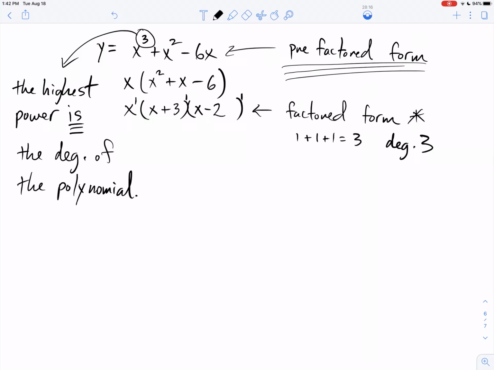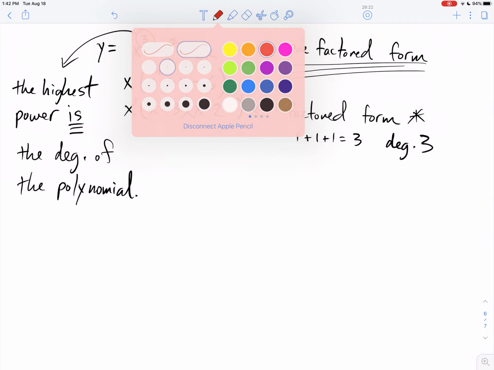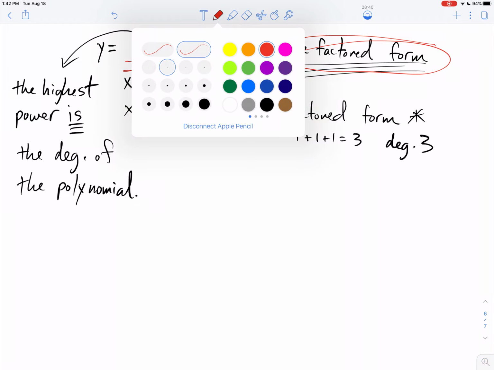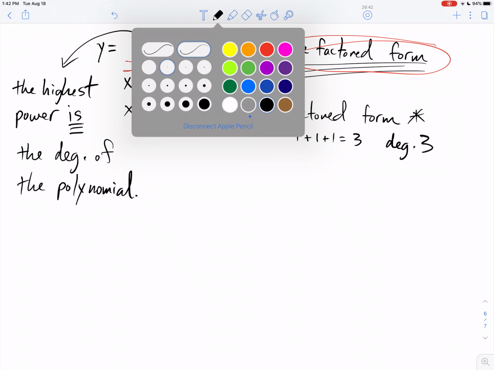Let that sink in for a second. So if it's in pre-factored form, you look at the highest power and you go, oh, it's third power, third degree. If it's factored up, then you add these guys. It's 3. That's the difference between factored form and pre-factored form.